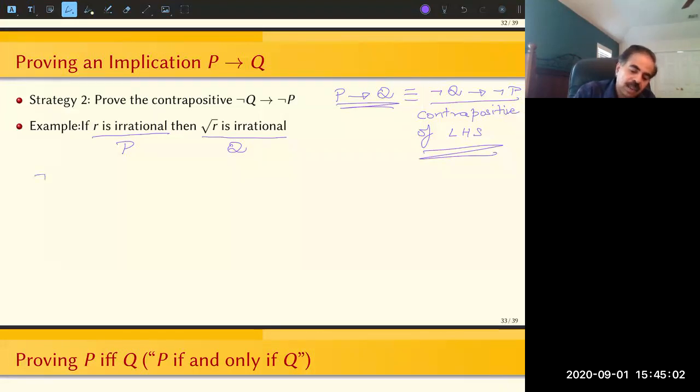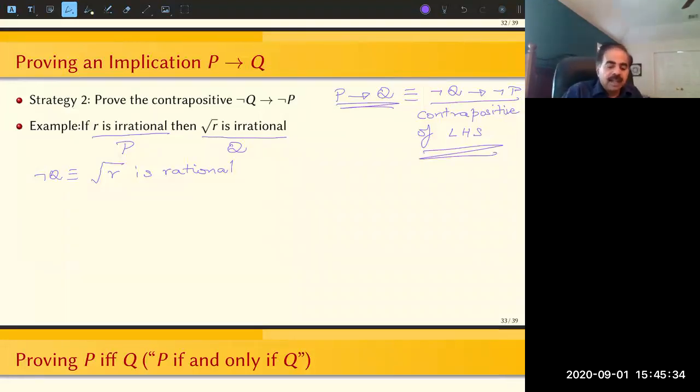On the other hand, if you go for the contrapositive, then what you are saying is that let's assume not Q, right? So not Q is something like square root 2. So the negation of Q simply says that square root R is rational, right?